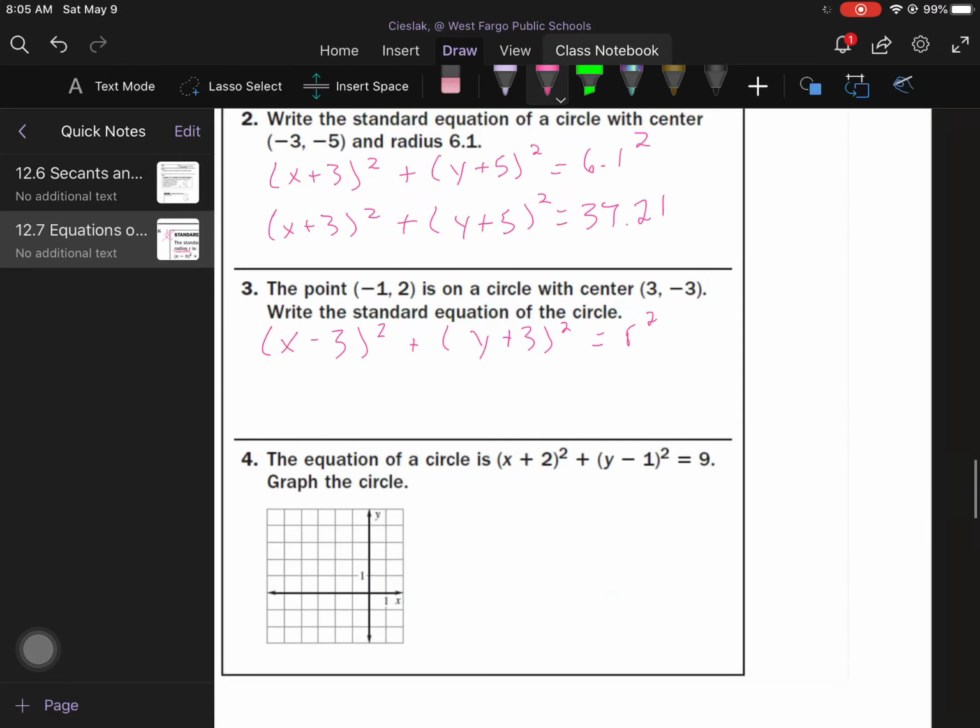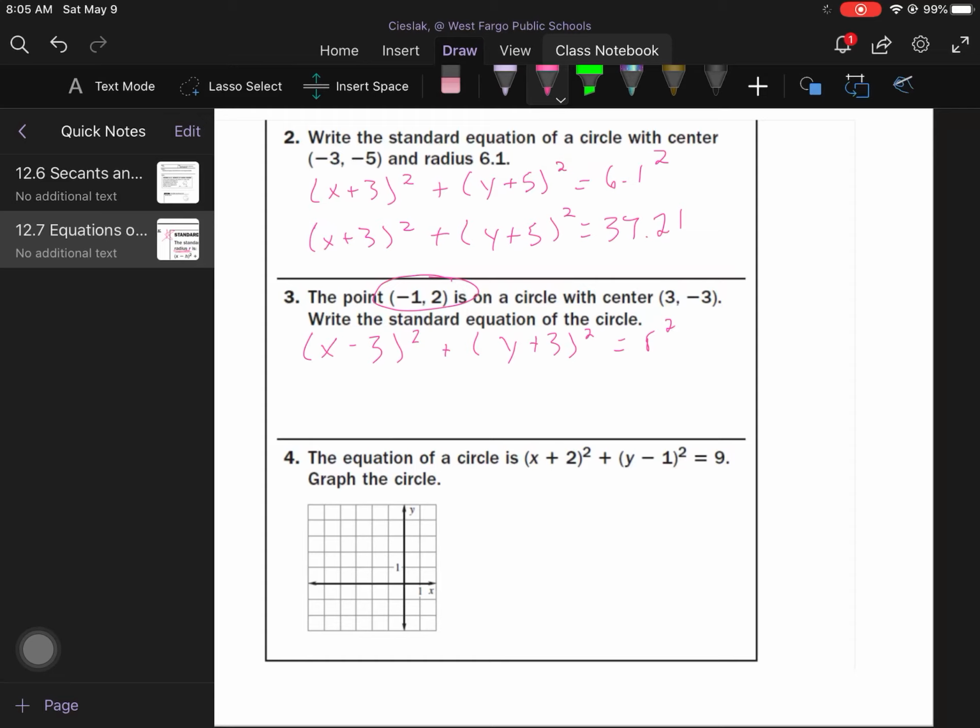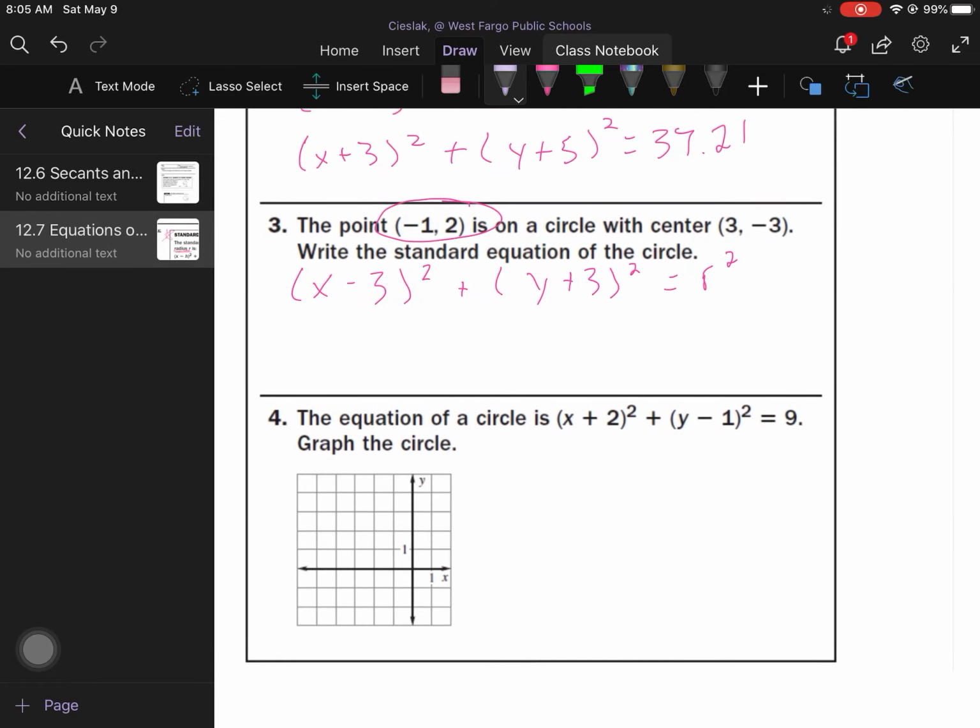Okay, so since this point is on the circle, I know that it has to satisfy this equation. Just like when you guys were graphing lines, if a point is on the line, it's got to satisfy that equation. So I can go through and plug those values in here. I'm going to go -1 minus 3 in parentheses squared plus 2 plus 3 squared is going to be equal to r squared.